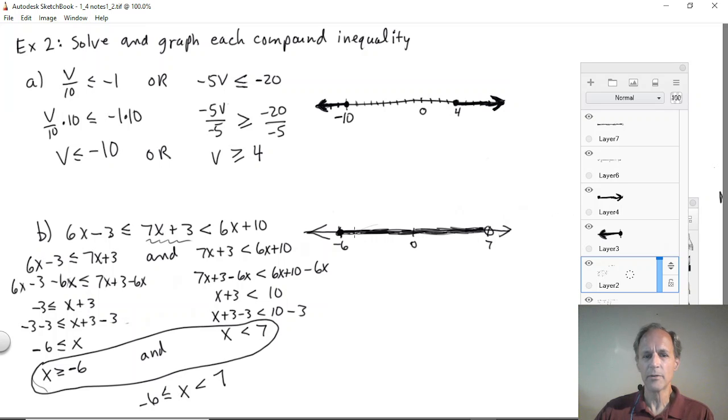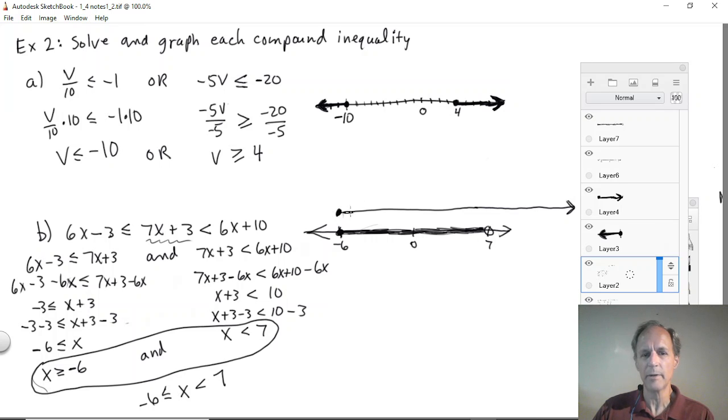Another way people think of this is you can draw these in separately, like sort of above. And let's look at x greater than or equal to negative 6. And let's just draw that in above. Okay, there's the negative 6. We want everything greater than that. Now we're not worrying about the AND part yet or the other part. We're just worried about the first part, x greater than or equal to negative 6, and that's it. I shaded it in.